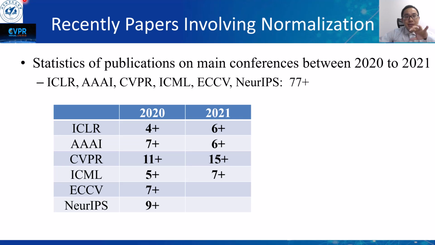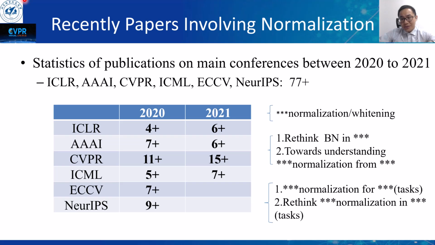Here are the statistics of publications at major conferences between 2020 and 2021, for example, ICLR, CVPR, NeurIPS, and so on. We found there are over 77 papers relating to normalization. Note that the number shown here is based only on the title of the paper. I believe there are more papers relating to normalization. These papers involve theoretical analyses of normalization techniques, design new normalization methods, or tailoring normalization techniques for different applications.